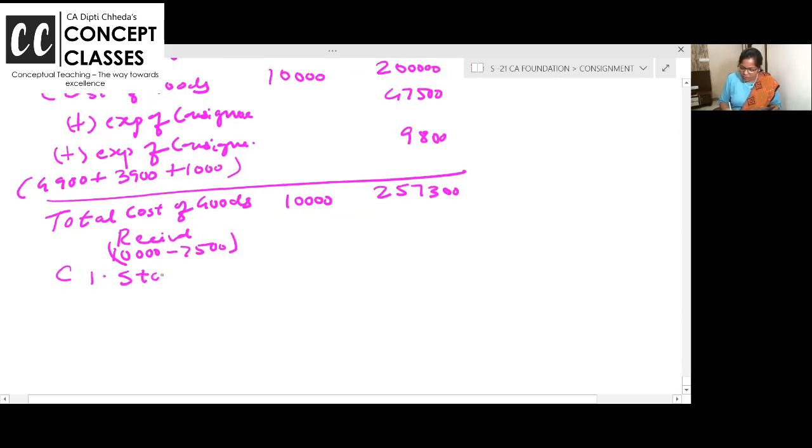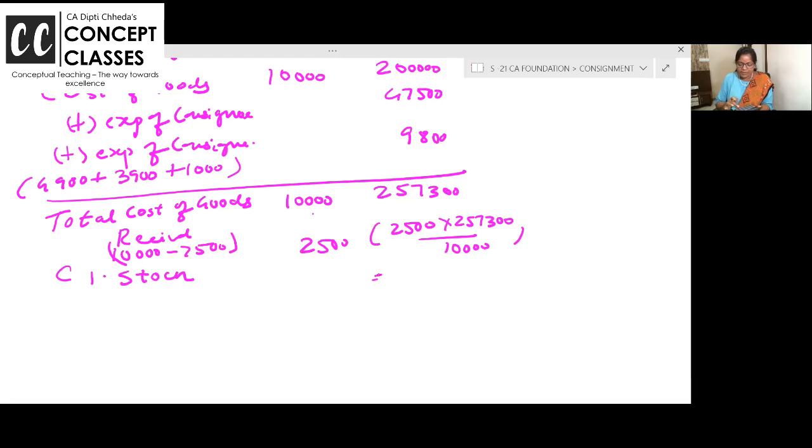So what is the closing stock remaining? 2,500. So 10,000 units का cost इतना है, 2,500 का कितना? 2,500 into 257,300 divided by 10,000, 64,325. Tell me, is there any technical thing or tough thing in this?